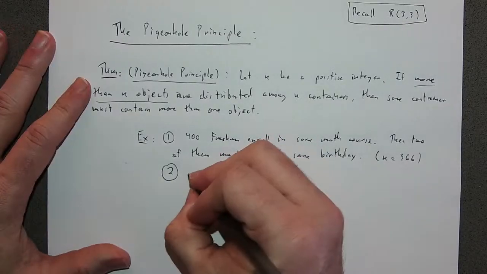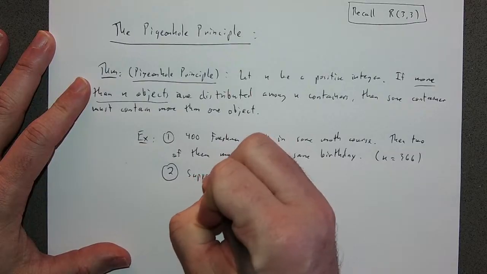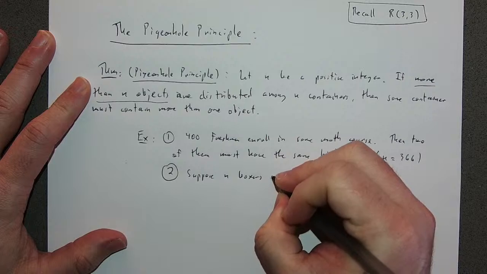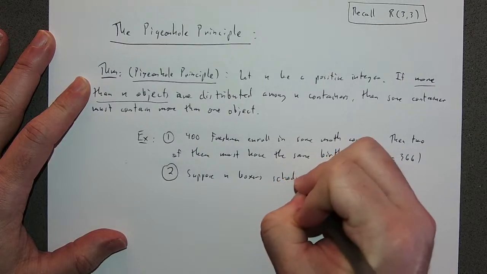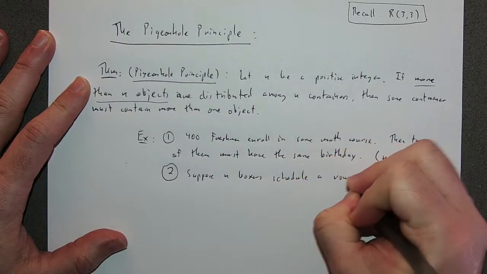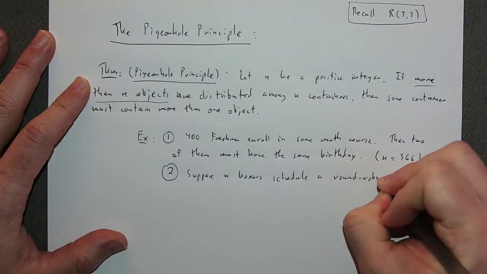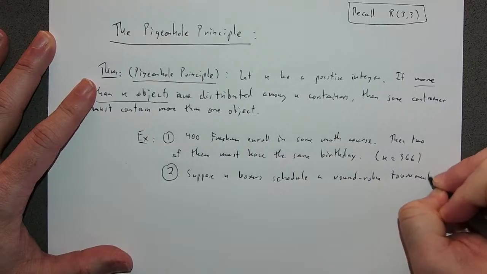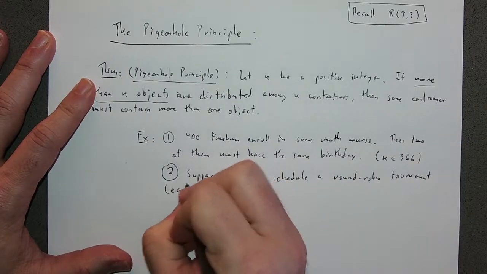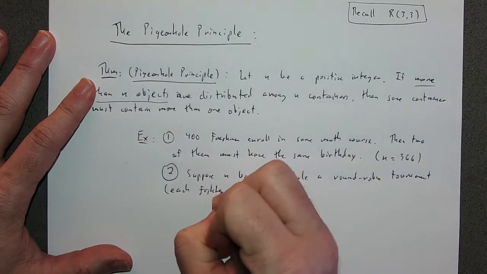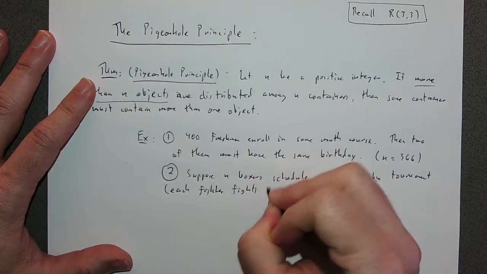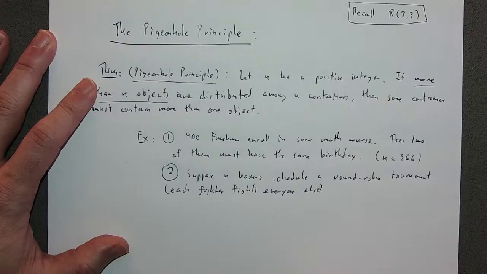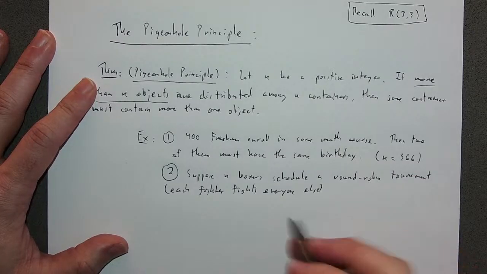Suppose n boxers schedule a round robin tournament. So each fighter fights each other fighter. And afterwards, no one is undefeated.